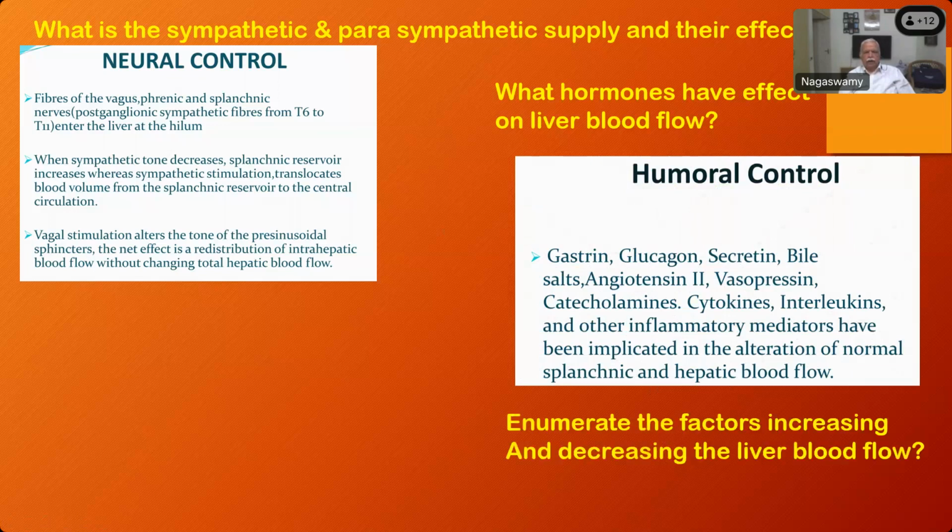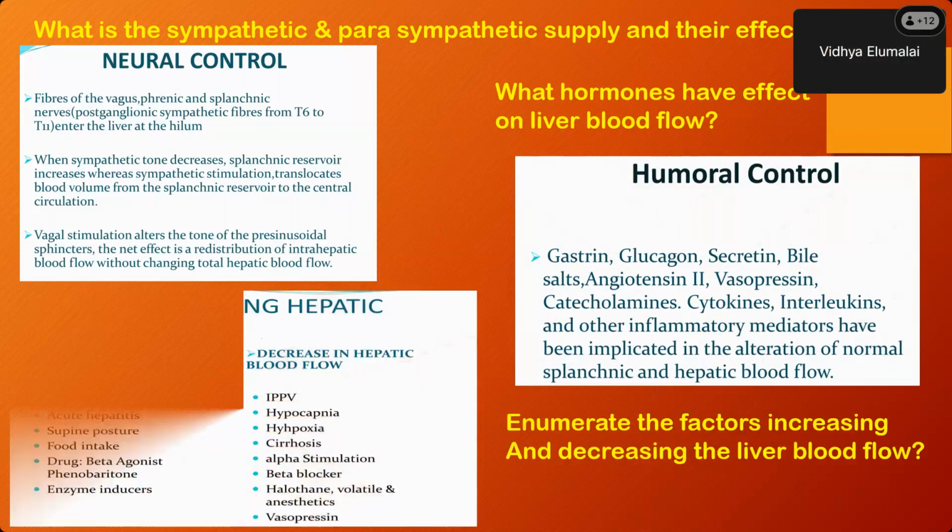Okay. Enumerate the factors increasing and decreasing the liver blood flow. This is important from the clinical point of view. Which are all the clinical conditions or situations which will increase or decrease the liver blood flow? Hypoxia, acidosis, that is with regard to increases in the liver blood flow.